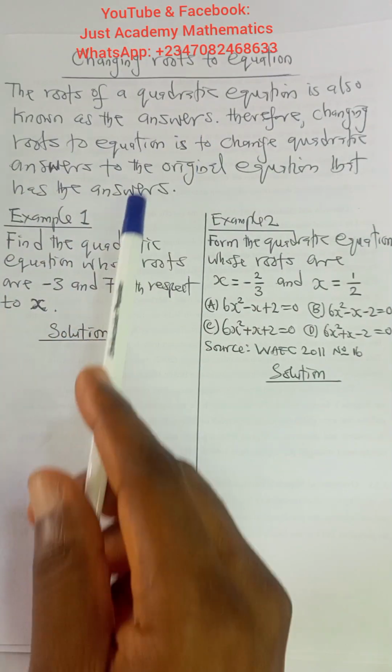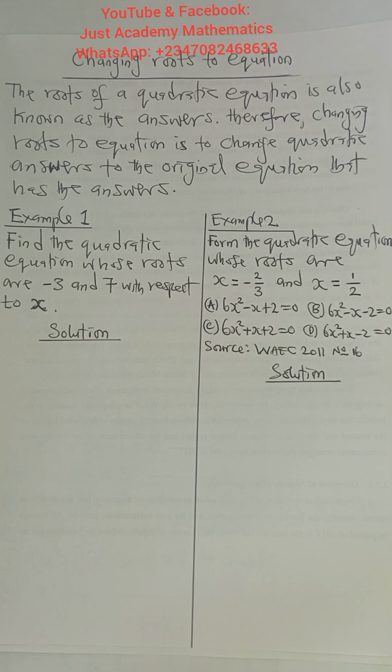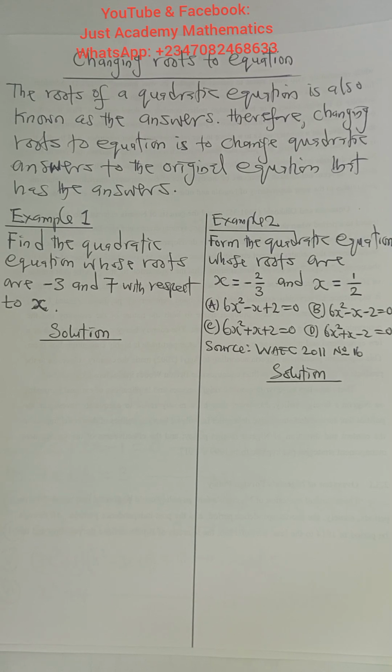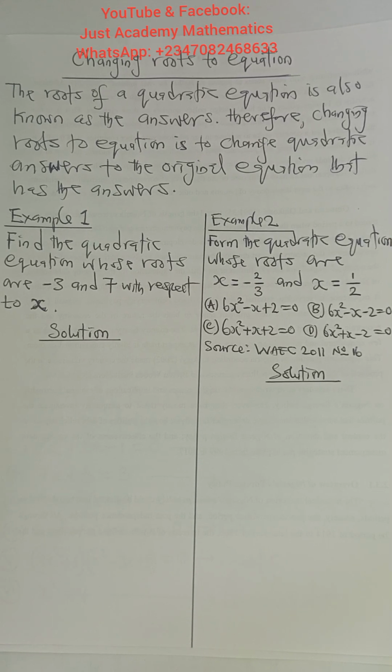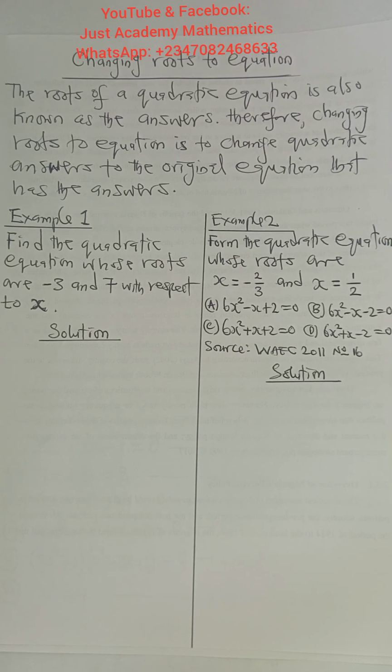Before I go into this, I want to say something. All quadratic equations within real value have 2 answers. In most cases, every equation in algebra is defined within a real value, except otherwise they said you can go outside the borders of real value and consider complex numbers and all that.